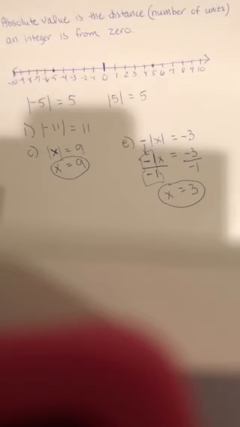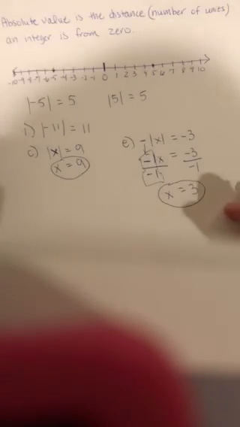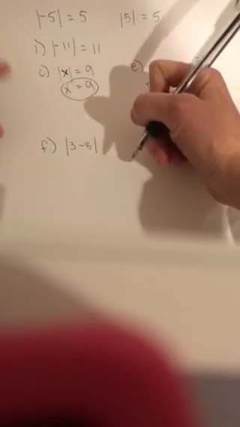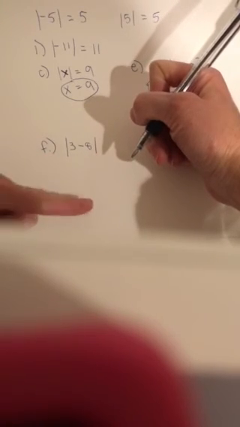So then let's look at F. Okay, F. This is an example. It is the absolute value of 3 minus 8. All right, let's just go ahead and do it, but we'll keep it in the absolute value sign until we're ready to take it out.